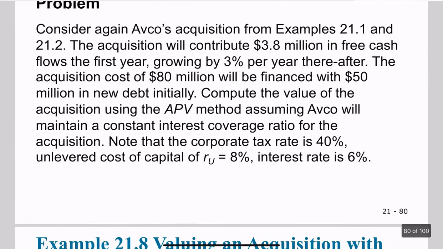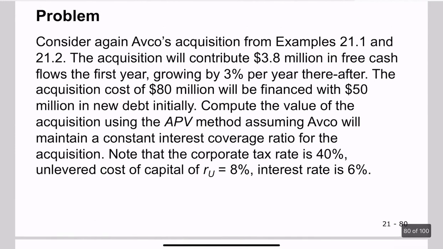Okay, now let's see this example here. Consider again AVCO's acquisition from the last several examples. And we have learned the acquisition will contribute $3.8 million in free cash flow the first year, constant growth rate 3%, and the acquisition cost of $80 million will be financed with $50 million in new debt.